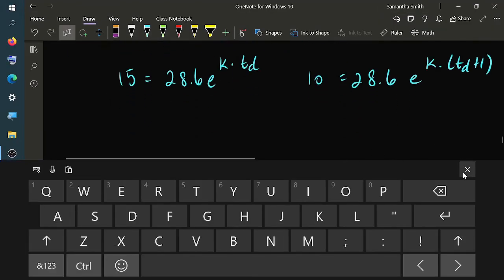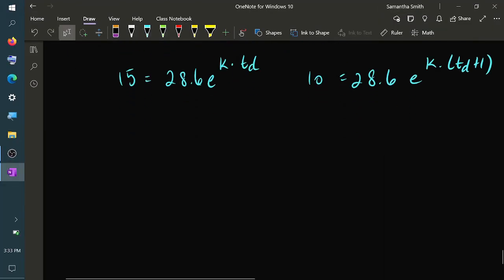Now, in our very first problem, I remember that when we got into a situation like this one, where we had two exponential equations containing two unknowns, the technique that we used was to divide the two equations. So let's try that now, and let's see if it turns up anything useful.